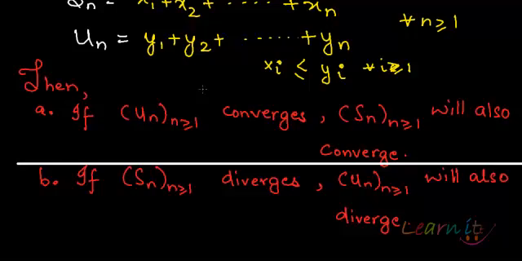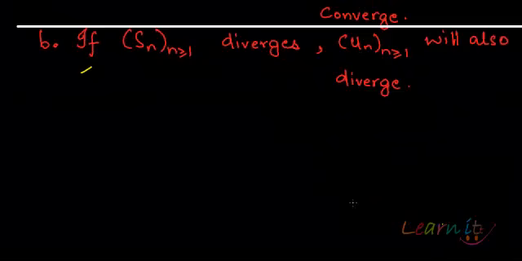So each of these are greater than these. In case the bigger one converges, then we can say that the smaller one converges. In case the smaller one, Sn, diverges, then you can conclude that the bigger one will diverge. Let's try to prove it formally.